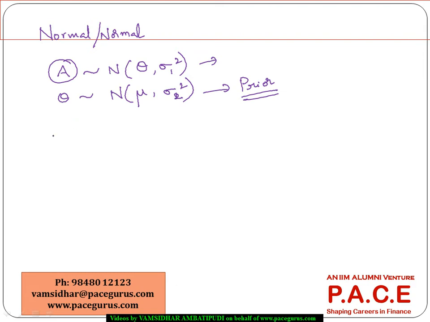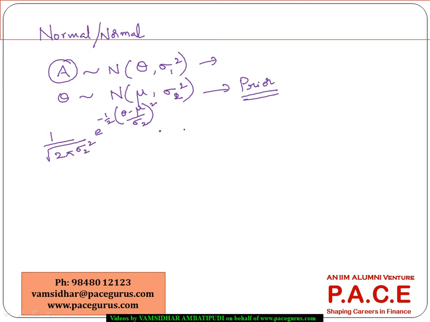Okay, what is my prior here? Right, theta is following this kind of distribution. So the probability density function is 1 by root 2 pi sigma 2 squared; sigma 2, sigma 1, mu, all of them are known, only theta is a random variable here. It is 1 by square root of 2 pi sigma 2 squared e to the power of minus half theta minus mu by sigma 2 whole square.